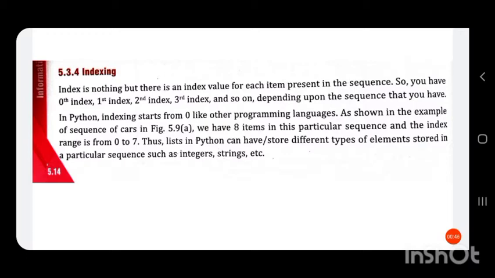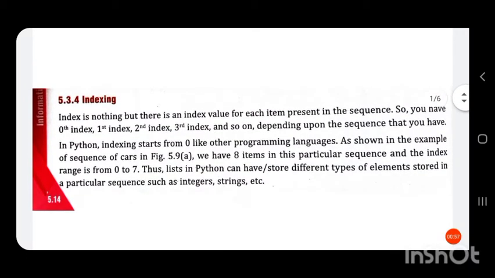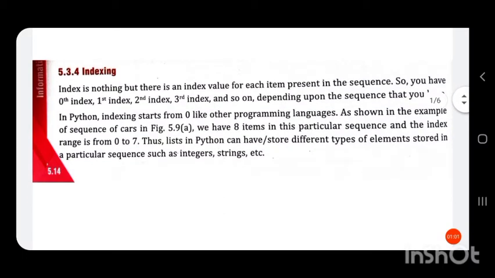So, you have 0th index, first index, second index, third index and so on, depending upon the sequence that you have. In Python, indexing starts from 0 like other programming languages.